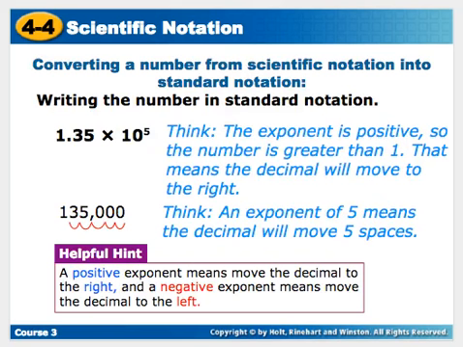To convert a number from scientific notation into standard notation, use the exponent to determine how many places you need to move the decimal and in which direction. So in this case, you know that you're moving the decimal 5 places. And since the exponent is positive, you are making that number bigger.